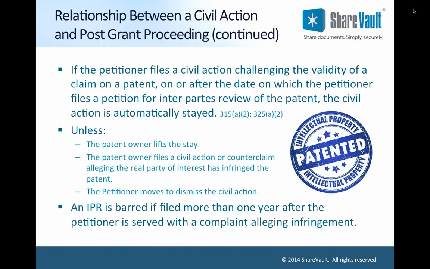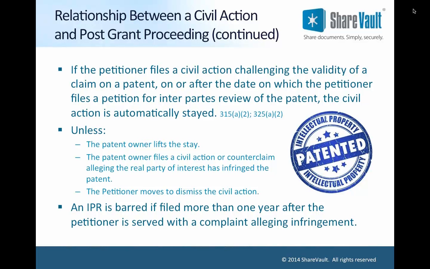The patent owner can lift the stay. He can go forward with the civil action. He may allege infringement as a counterclaim in the litigation which has been brought by the petitioner, or the petitioner may move to dismiss the civil action, in which case, of course, that would lift the stay because there would be no civil action.